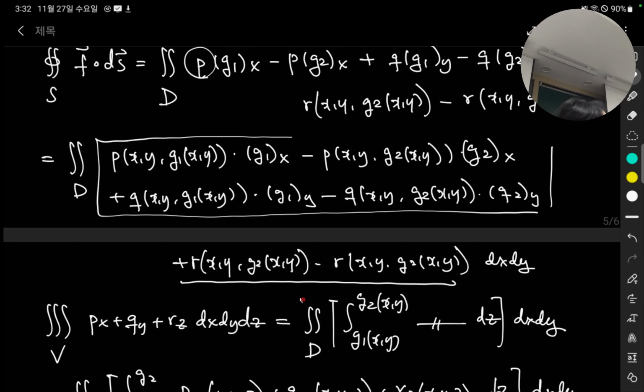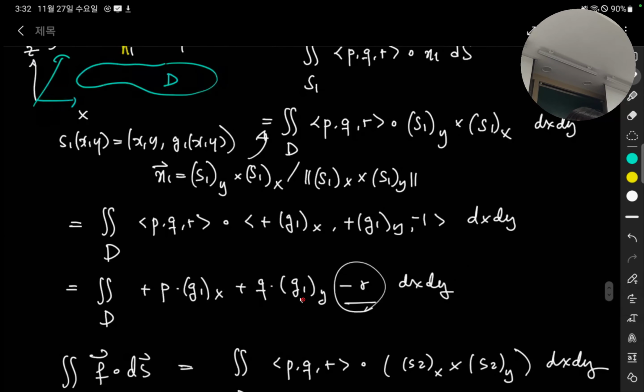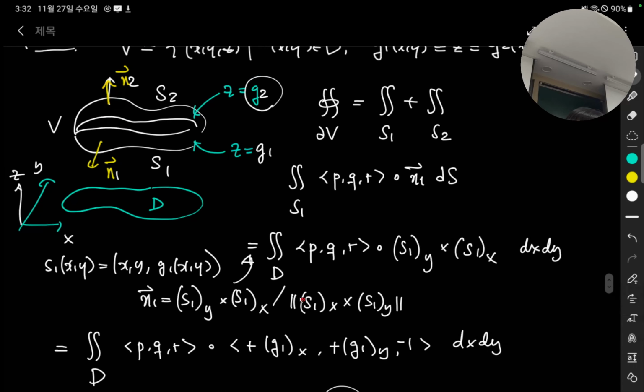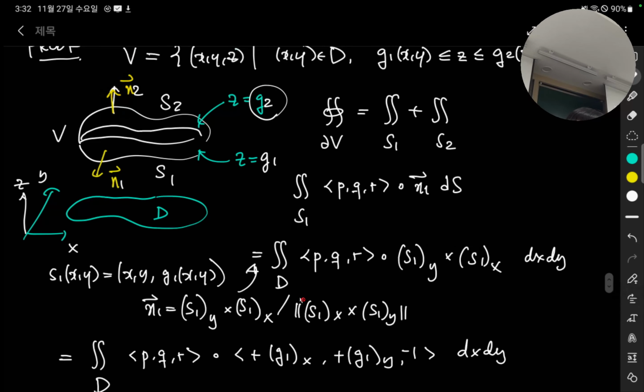It actually gets easier if I have split this surface integral into two pieces, because I've already done this, so I have no other way.